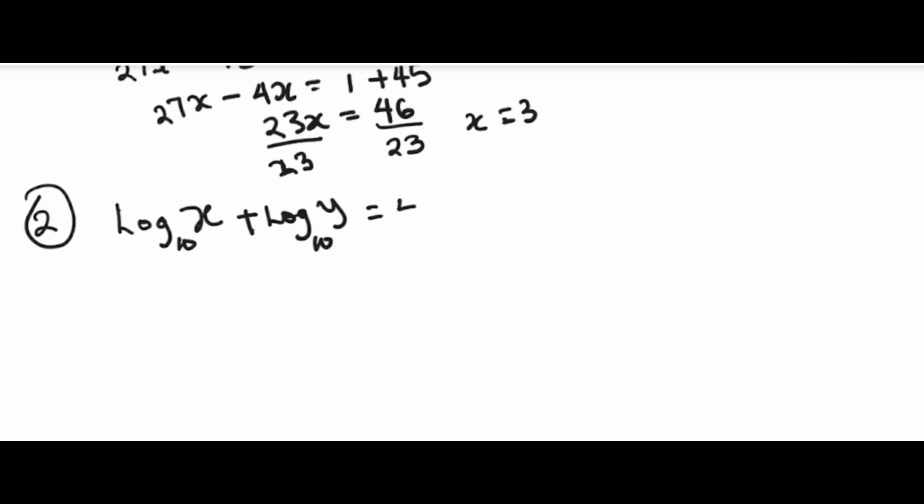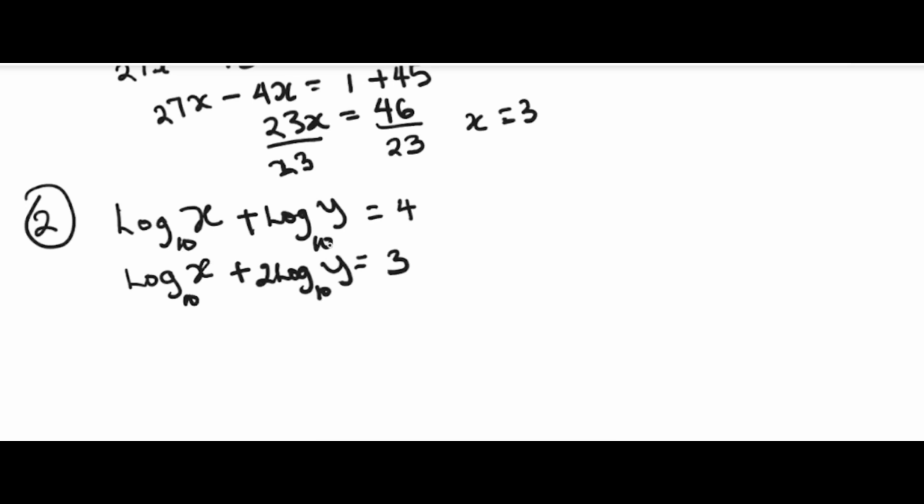Then the second equation, the log of x in base 10 plus 2 log y in base 10 to be equal to 3. So I believe that from the first equation, you've seen and understood the concept. So what we will do is, we already know that this plus sign is multiplication, right?